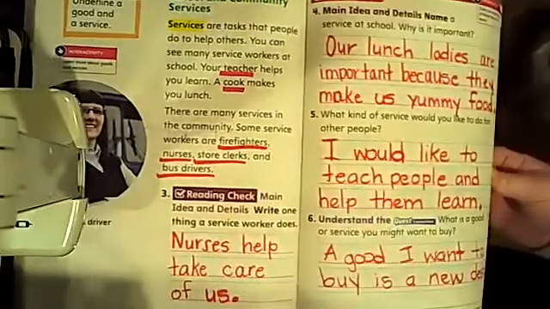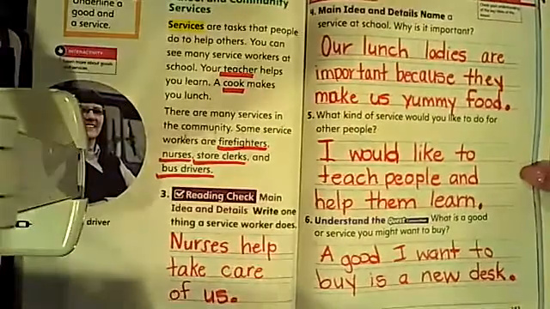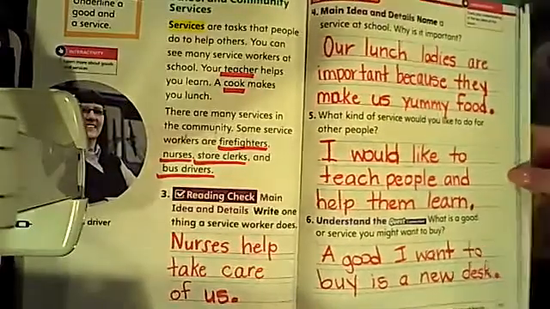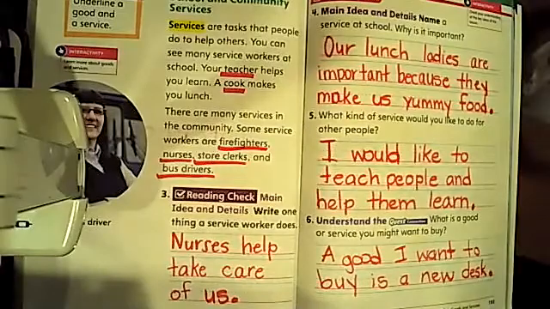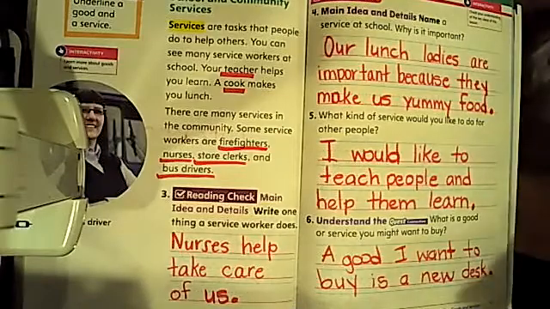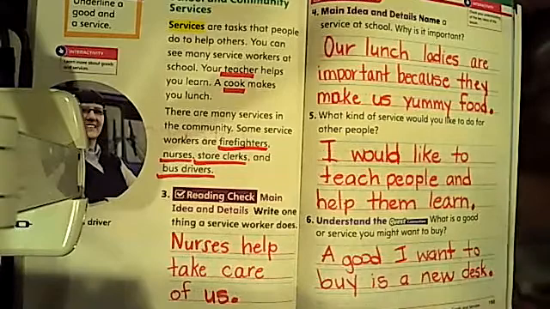As you can see, mine's kind of small, and so I would love a newer one that's a little bit bigger. And it's not a service because it's not an action, it's a good. Somebody physically makes desks, and I can go to the store, I can trade in my money, and I can buy a new desk. So a good I want to buy is a new desk.